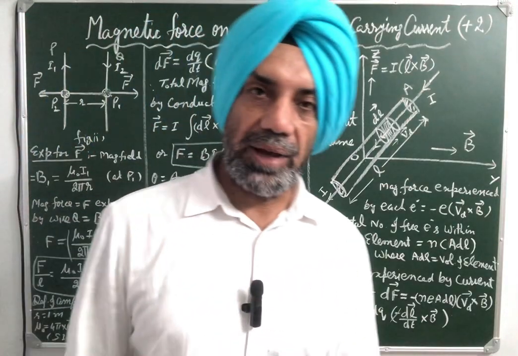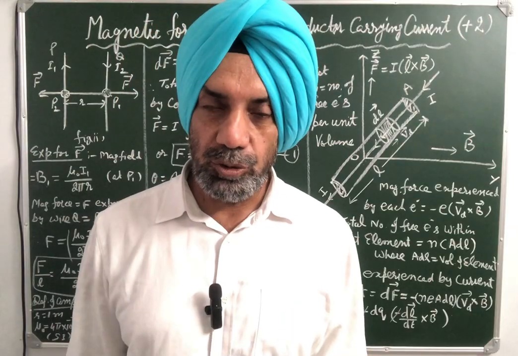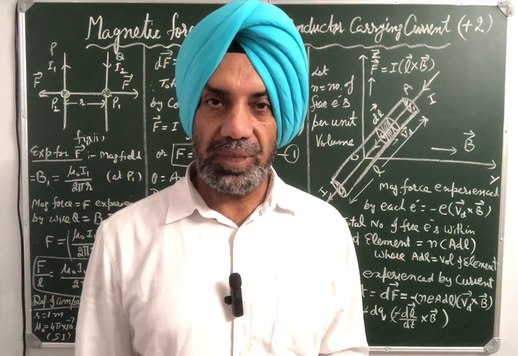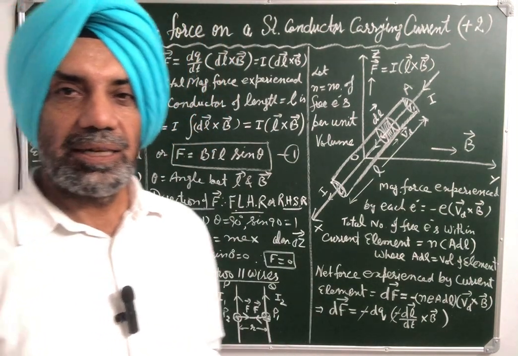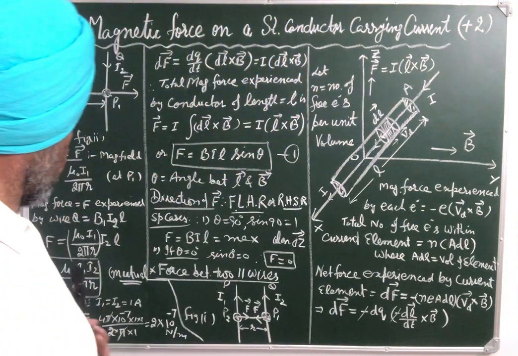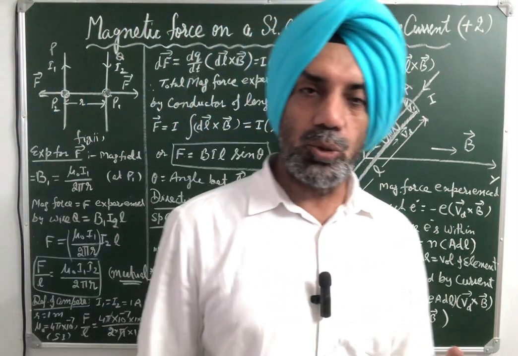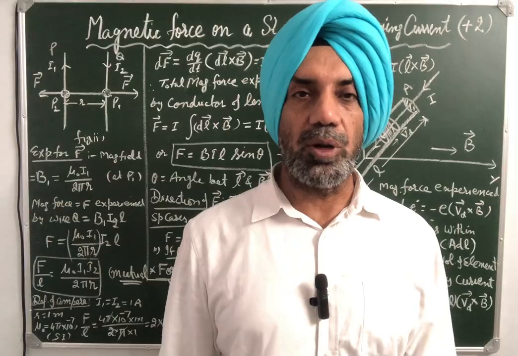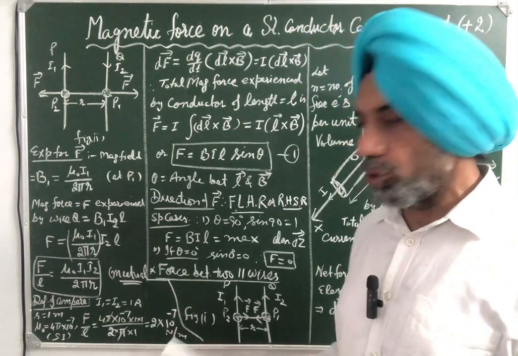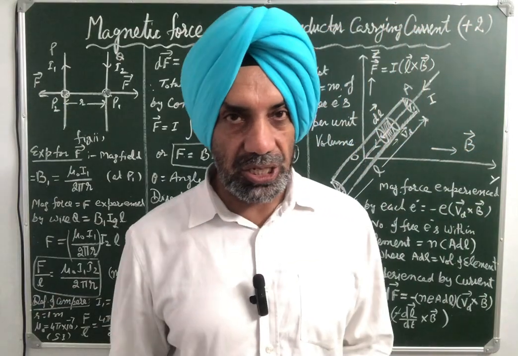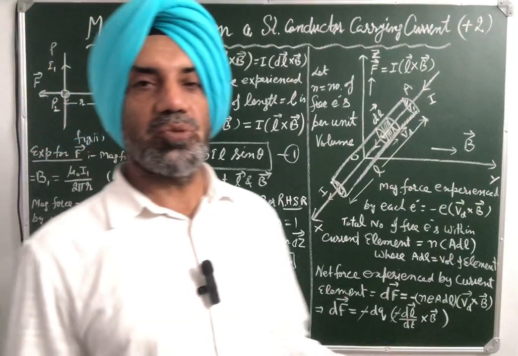So from this we can define 1 ampere. 1 ampere current is said to be flowing through the two parallel wires separated by a distance of 1 meter, and the force per unit length between them is 2 into 10 to the minus 7 Newton per meter. So if this force acts between two parallel wires, we can say the current flowing is 1 ampere through each wire.